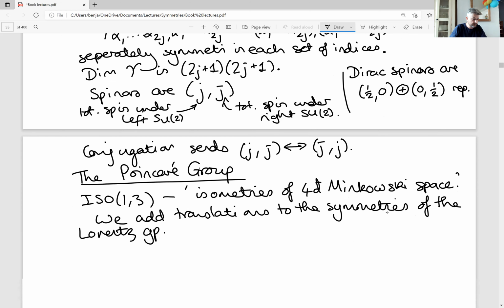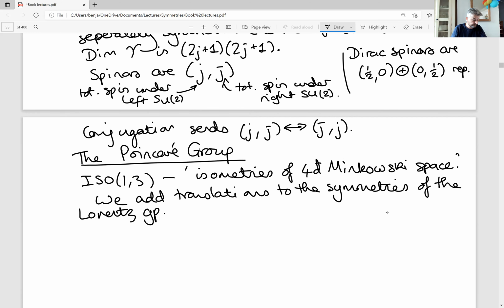So the symmetry is saying that the physics should be the same when you transform your space-time coordinates to a new one, which is now the Lorentz transformed old ones plus some shift a mu.